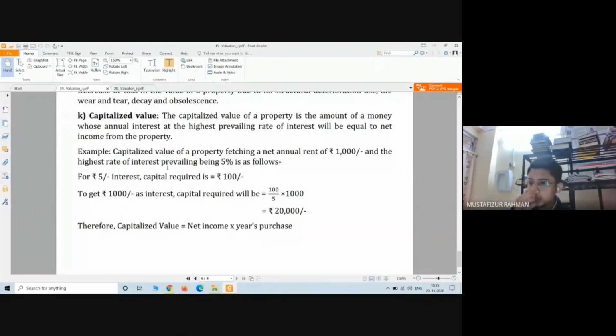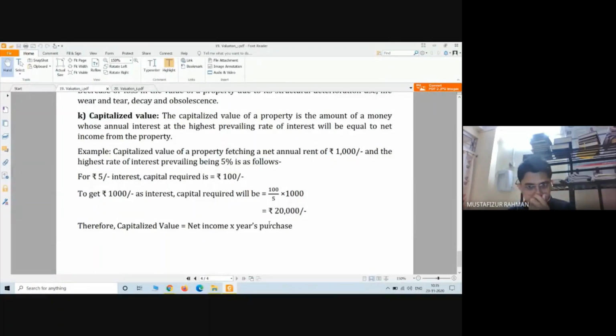Are you getting the point? So I'm earning rupees 1000 from my property, so it is like I have this much, rupees 20,000, in a bank, and that 20,000 in a bank will also provide me with rupees 1000 as interest. This is how I'm linking the value of my property with the money that I have to keep in a bank or in a certain fund.